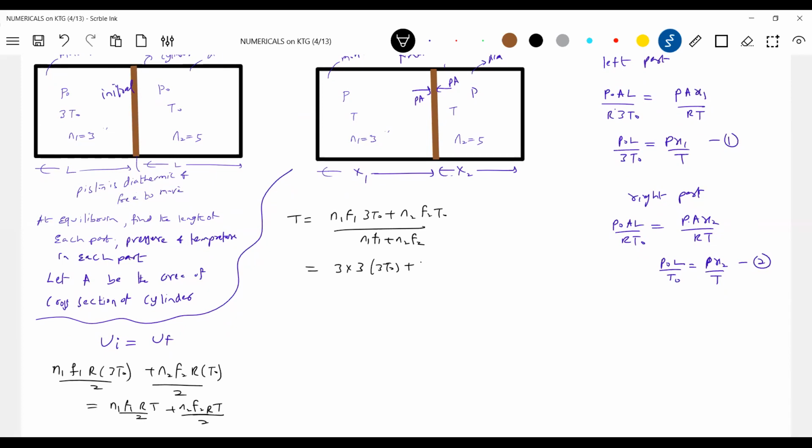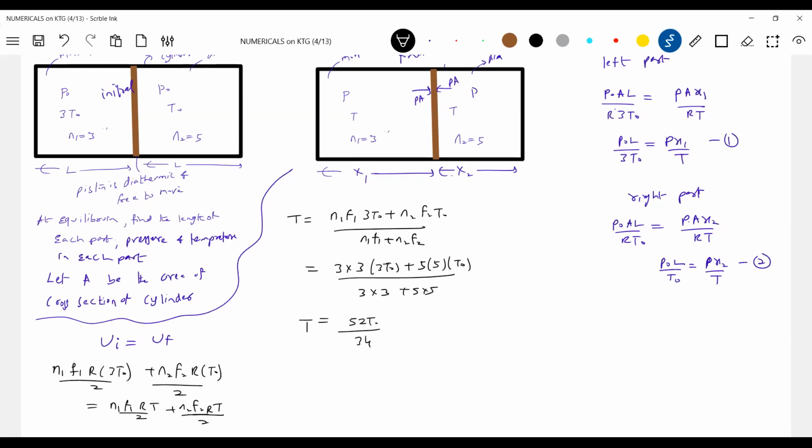Number of moles 5, degrees of freedom 5, temperature T naught. 27 plus 52, similarly 25 plus 9, 34. Okay, this is the thing. Somehow I know the temperature.